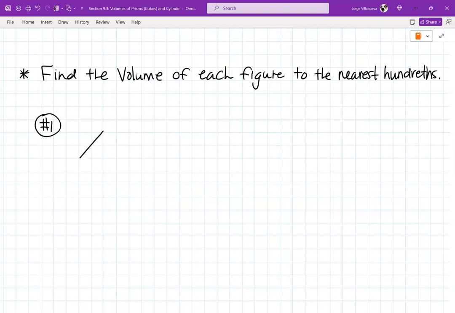Let me try this one. And this is 6 meters, 2 meters. This is the way they're drawing it on your homework.